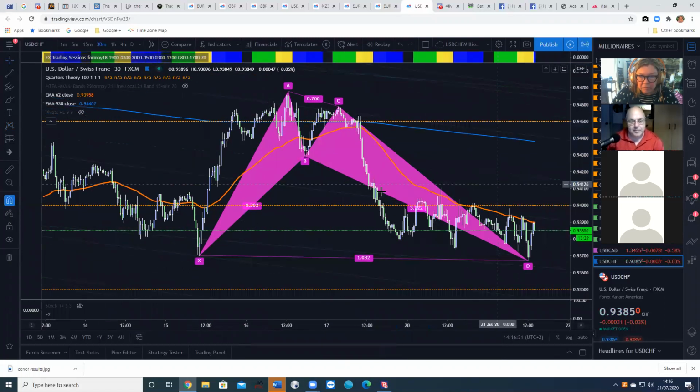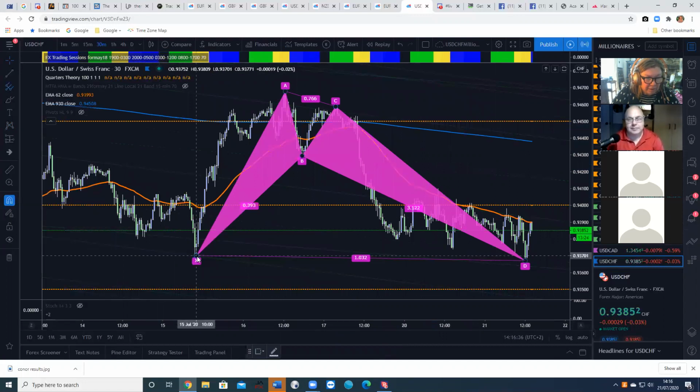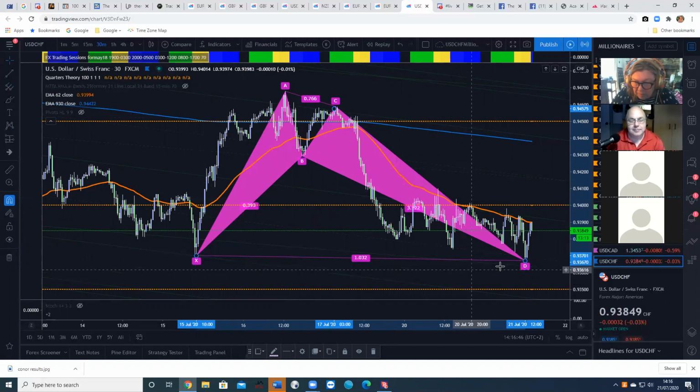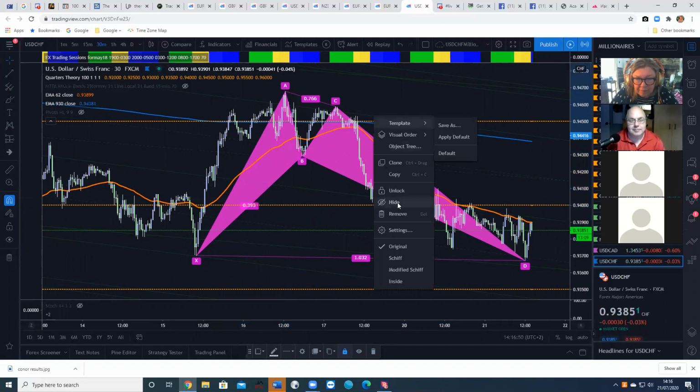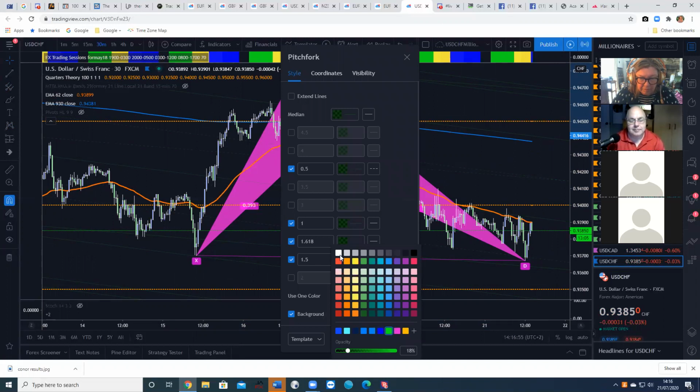And once you've got your scan on, come and get the pitchfork. And again, just go over the points using the magnet. This one I'm going to do in white.